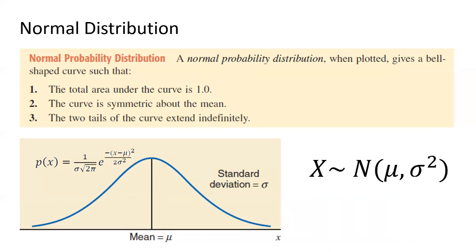Okay, so like all other continuous random variables, the total area under the curve is 1.0, right? Because it stands for the sum of all the probabilities here. The second one, the curve is symmetric about the mean. The third, the two tails of the curve extend indefinitely.